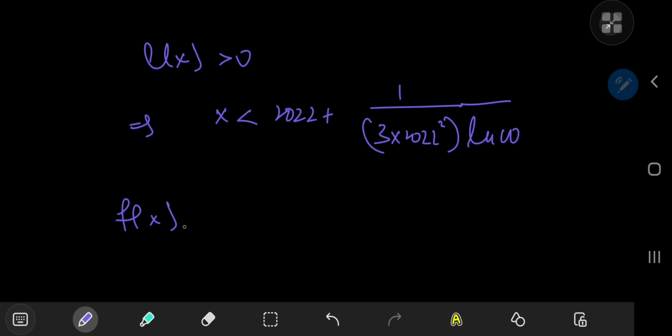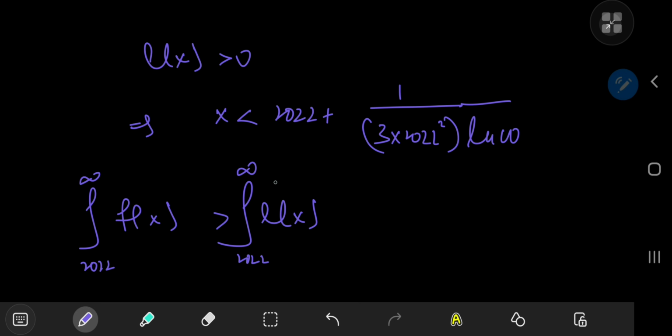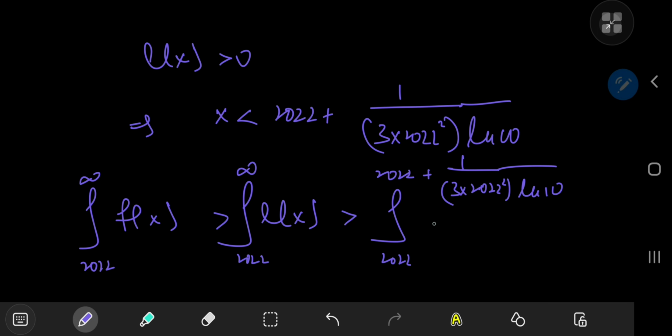And because f of x is greater than the linearization of x, the integral from 2022 to infinity is going to be greater than the integral from 2022 to infinity, which is greater than the integral from 2022 to 2022 plus this term here, 1 over 3 times 2022 squared times log 10, discarding the negative part.